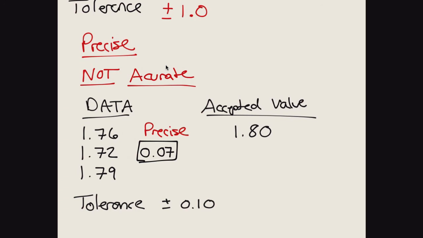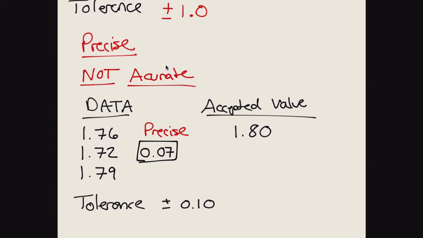We find the number that's farthest away from the accepted value, and we do the same kind of thing to see if it falls inside our tolerance. So looking at this information, the accepted value is 1.8. Which of the three numbers is farthest away from 1.8? Yeah, 1.72. Does anyone want to say how far away that is?